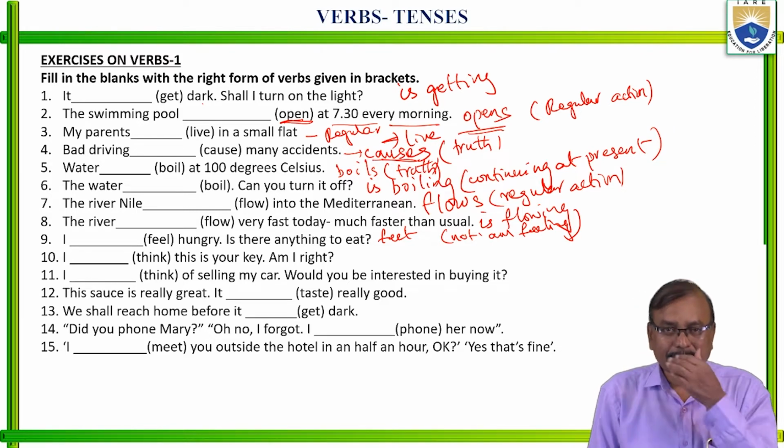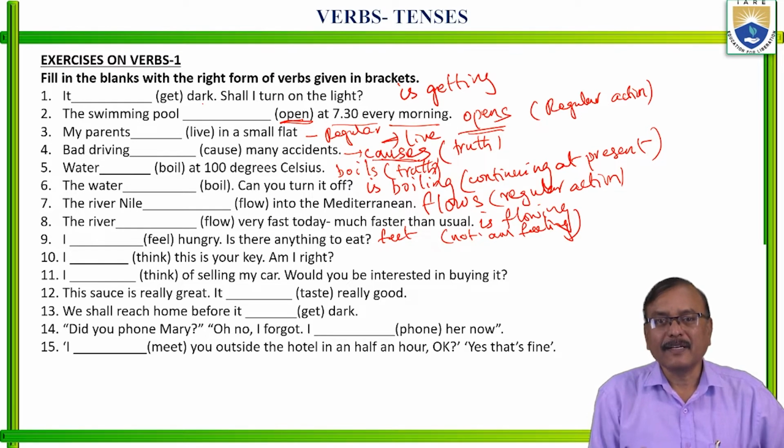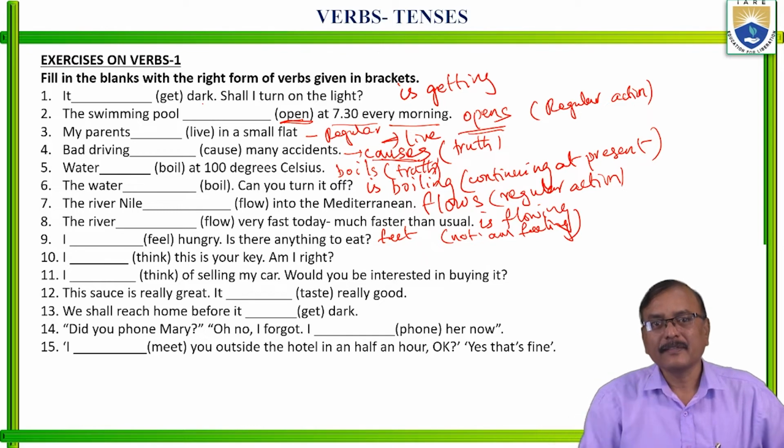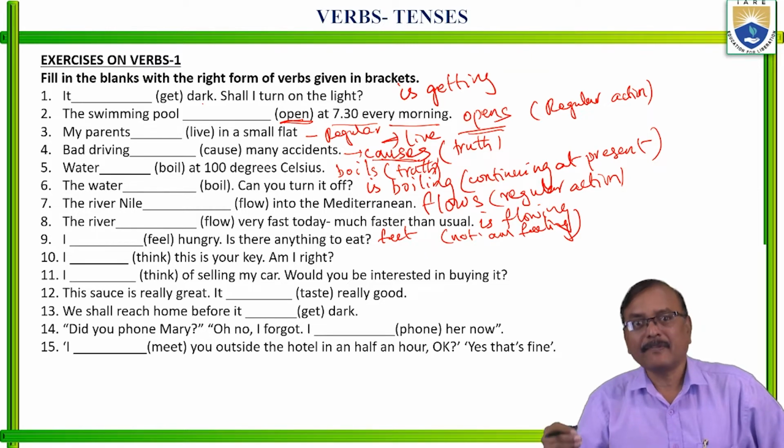In the same way, for example, I have a car. Okay? I have a pen. I have a notebook. In that one, is there any action going on, progressing? No. No action is observed here. But you can say, I am having my lunch.